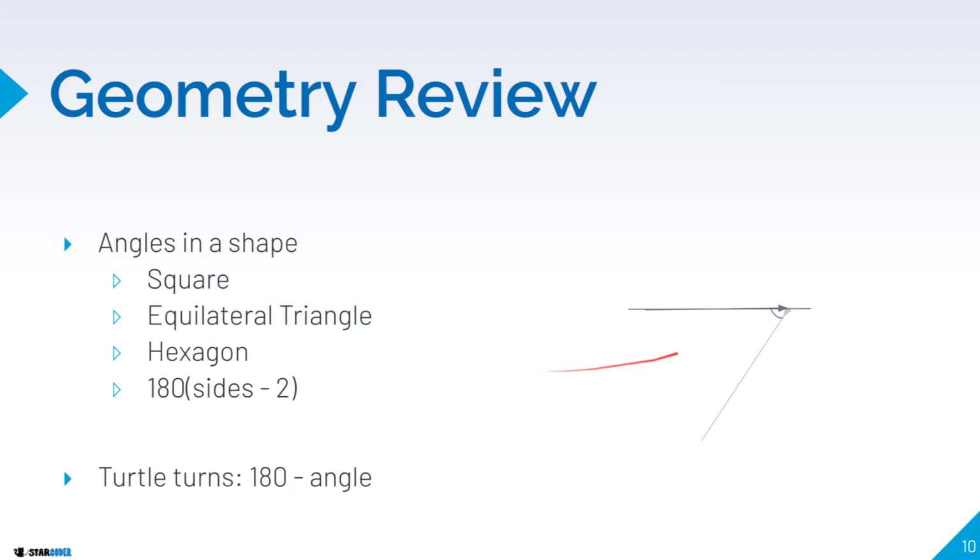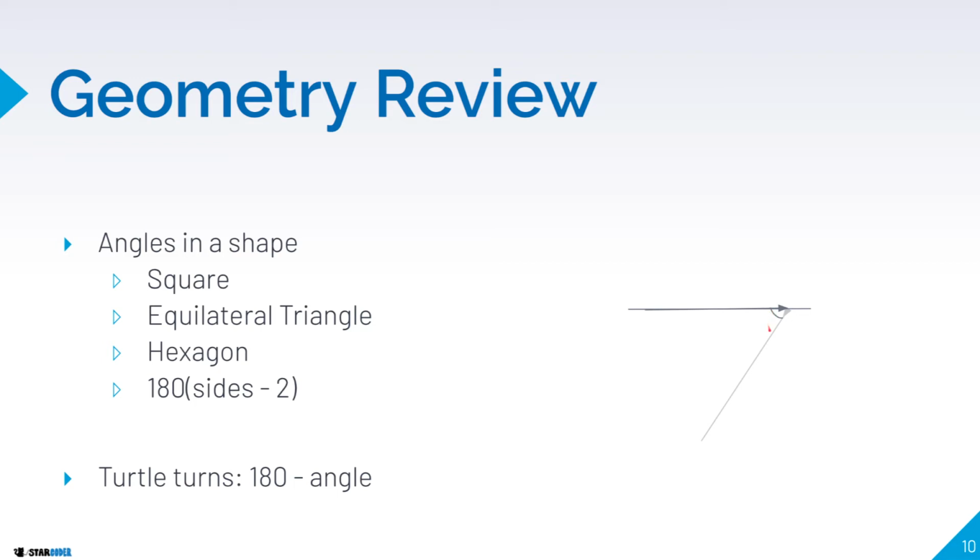When you turn in Turtle, you're actually turning the cursor and not creating this angle. So if I want to create, say, an equilateral triangle, and I want this angle to be 60 degrees, I need to make sure I turn my cursor to face from this direction west to down here. And the turn here is actually going to be 180 minus this angle.